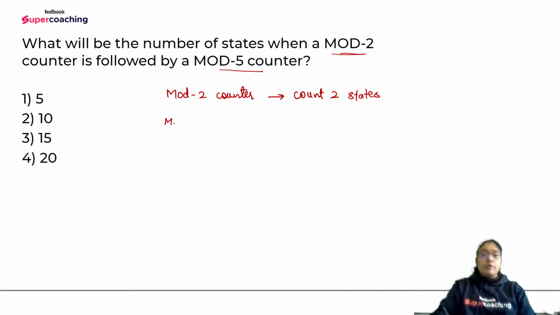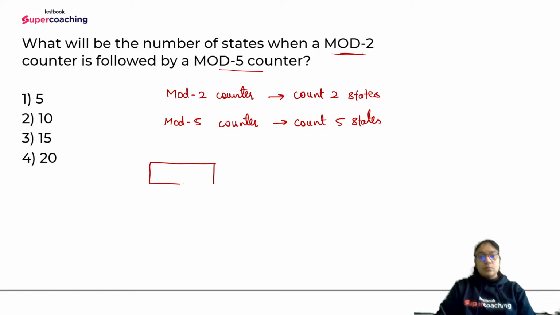Next, we have the mod 5 counter. Mod 5 counter means it can count 5 states. Here, what they are saying is you have a mod 2 counter, which is followed by a mod 5 counter.